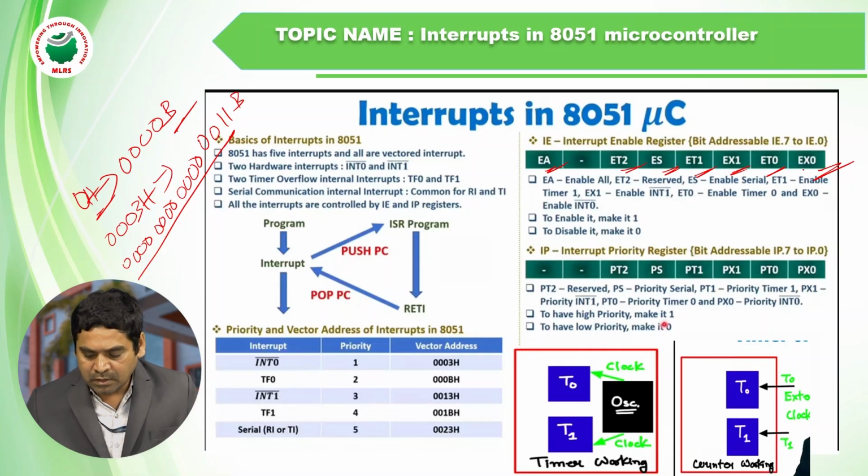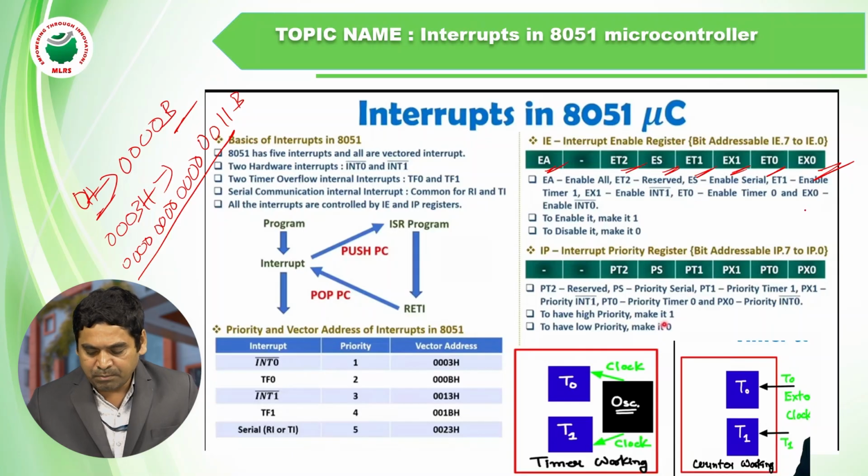The first right-side bit represents IE0, the second IE1, then IE2, IE3, IE4, IE5, IE6, IE7.